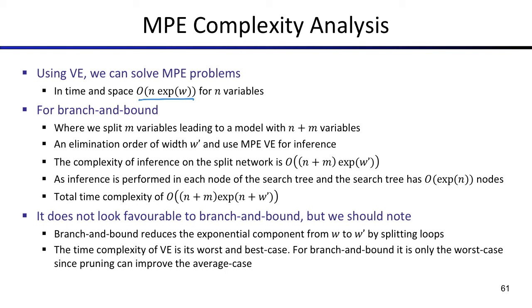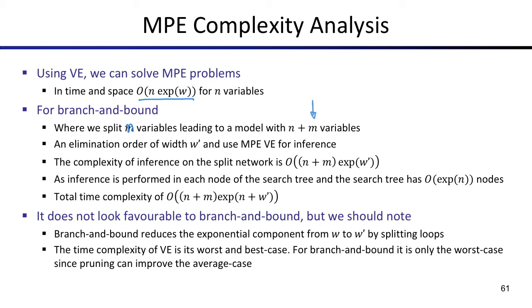For the branch and bound technique, using node splitting to compute the upper bounds, we start with n variables (here it should be n and not m), and we split the network, introducing new variables that we call the m new variables. So we have a larger network with the n original variables plus m split variables.